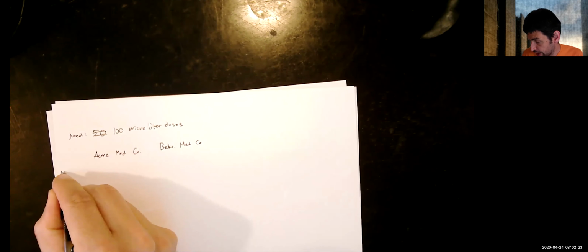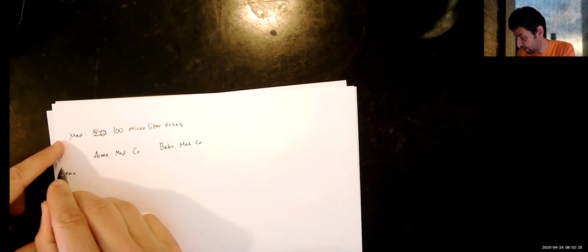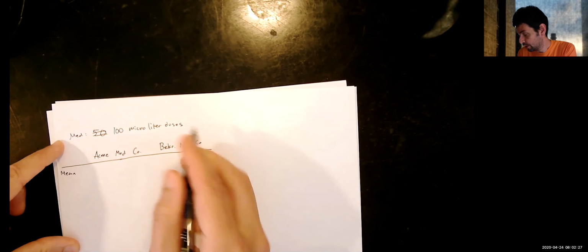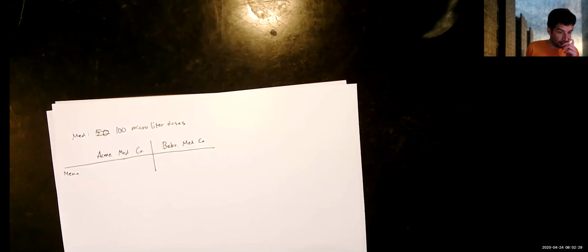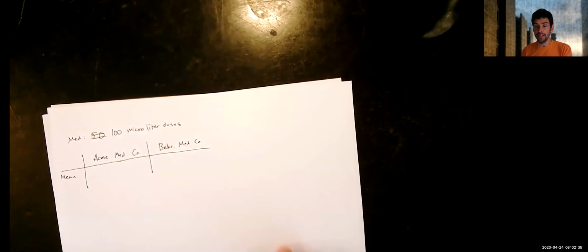You go out and sample 100 doses. Of course, I invented this data. This is a made-up situation. Let's suppose I sampled 100 doses from each of these companies to see what their production was like. Do they actually produce 100 microliter doses?